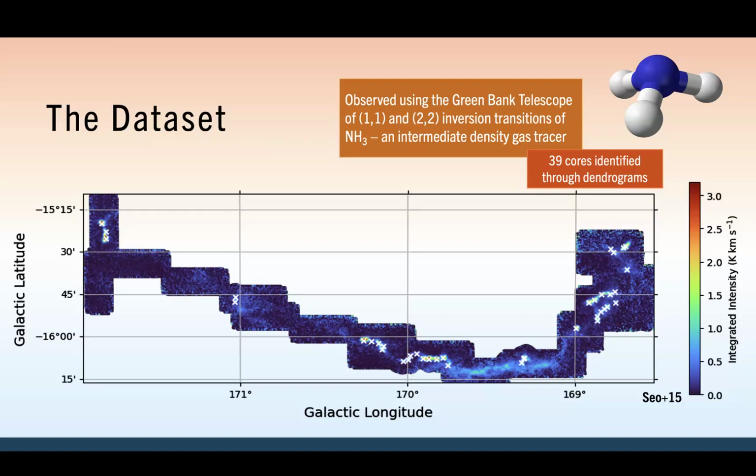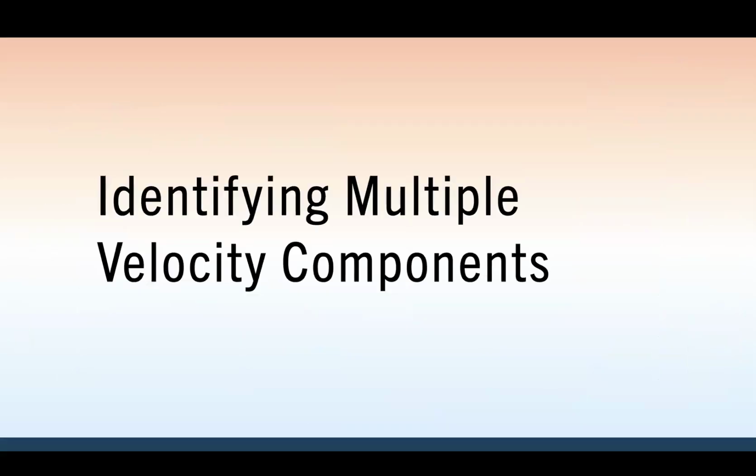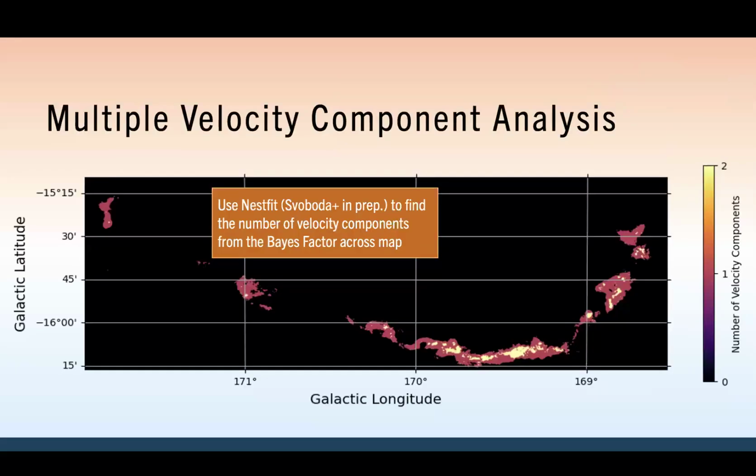Part of the reason why Youngmin couldn't go further with his analysis in those regions is because there are a lot of overlapping velocity components, where you have two gas clouds along the same line of sight, but at different velocities. And he didn't have as much of a way of breaking those apart and identifying the structures to be able to analyze them. But we can start to solve this problem now.